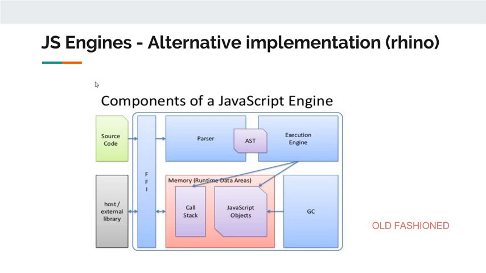So for alternative implementations of most JavaScript engines, in the old JavaScript engines, we used to have this kind of implementation. This is the kind of implementation you will find in Rhino, an old implementation of JavaScript. At that time, all JavaScript engines were considered virtual machines because they ended up having all the steps we previously had, as I showed you inside the compiler.